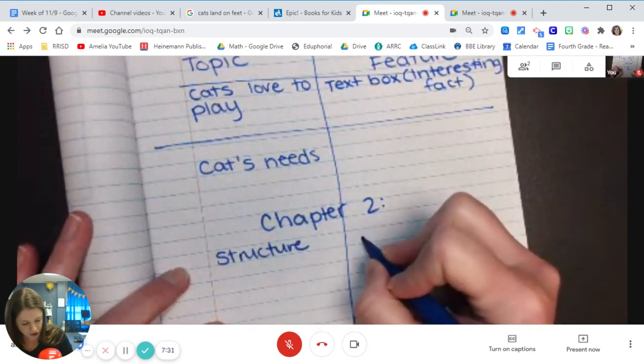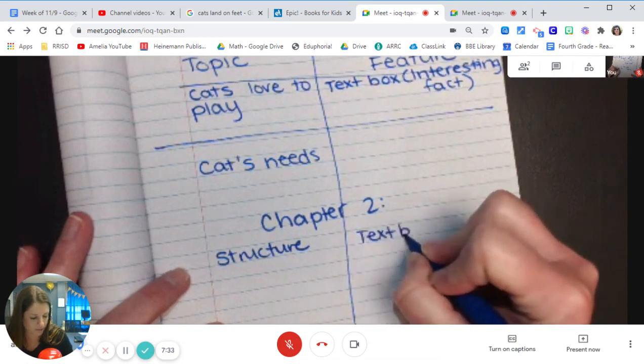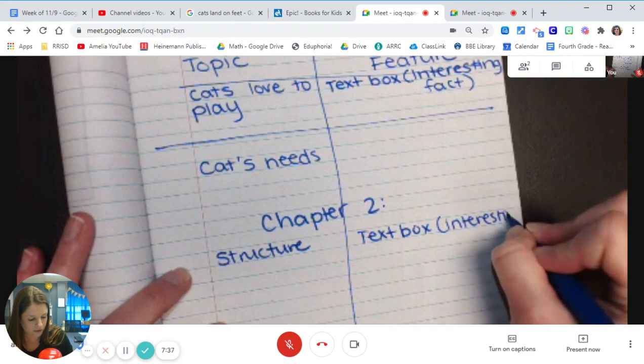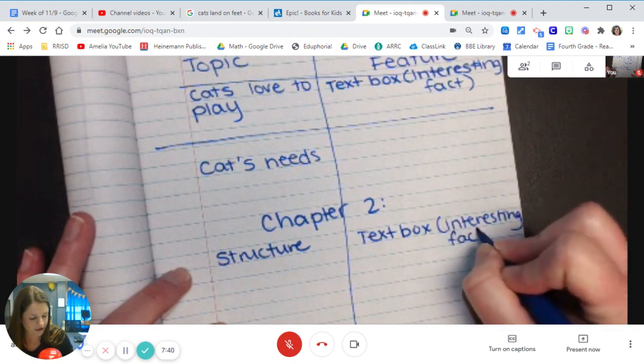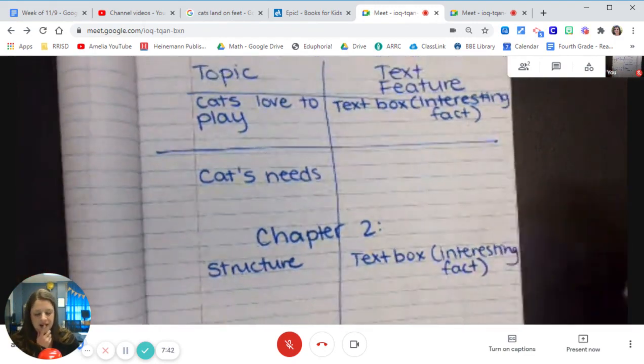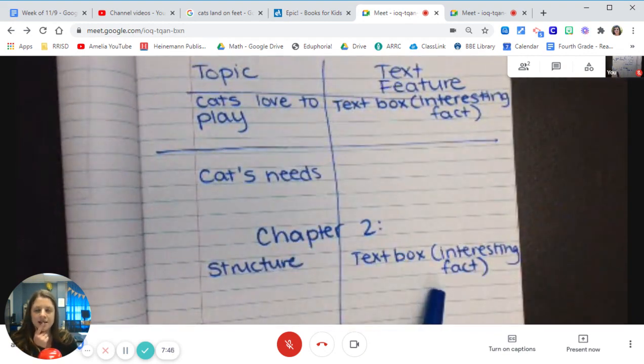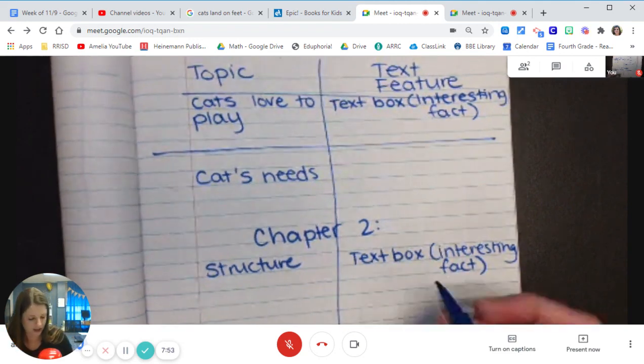And then I think I'm going to do a text box with an interesting fact. And I think that the fact about the spine, at first I was thinking I would do it with how they like to play, but I actually think it's going to make more sense to do it with their structure, how they have that flexible backbone. What do you guys think? Yeah, I think I'm going to add it here.